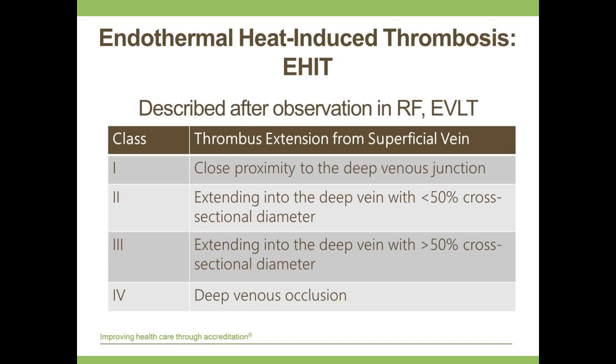This is also commonly referred to as a tongue of thrombus. Class 3 is when you have that tongue of thrombus extending into the deep veins with more than 50% cross-sectional diameter of the deep vein being taken up by thrombus. Class 4 EHIT is when you have complete deep venous occlusion from the treated vein into the deep vein.